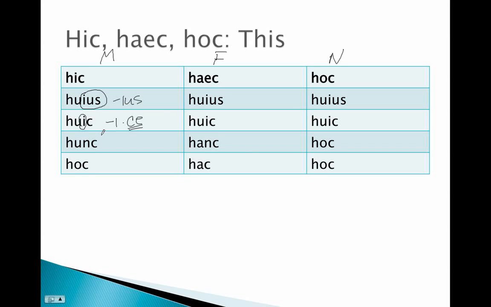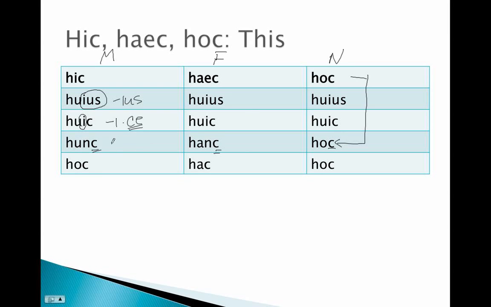And then from this point on, it's actually almost a normal first and second declension adjective. You get hunc, so we again keep this deictic C, this pointer. The accusative neuter is going to be the same as the nominative as usual.